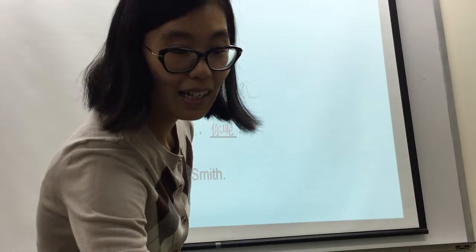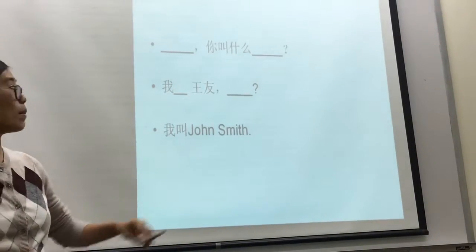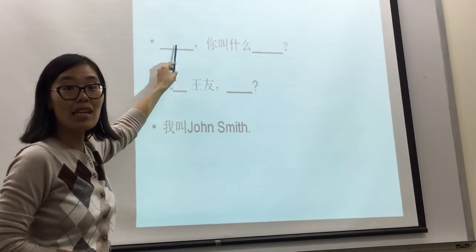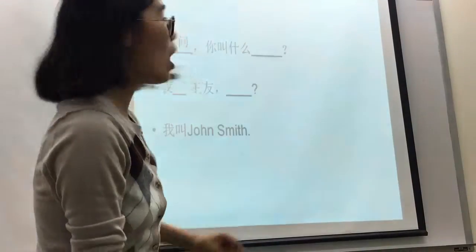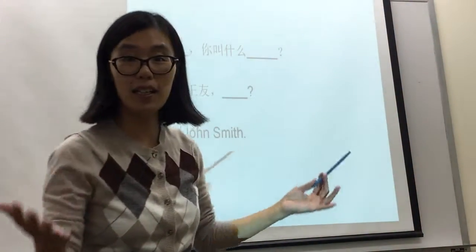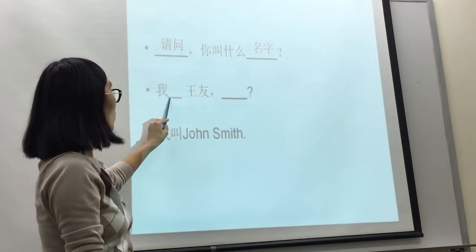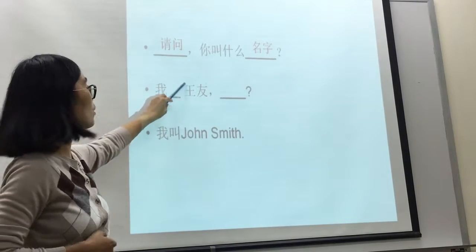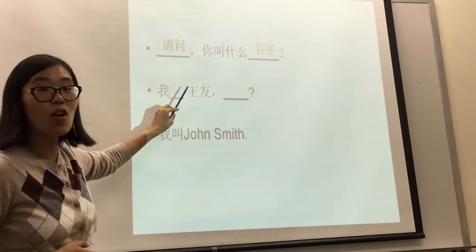第一个. Go to the second one. 第二个. Ask about someone's full name. 全名. Also, this one, I think probably you will know how to say this one. Excuse me. 请问你叫什么名字? 很好，名字. And here, 我 this is a full name here, not family name. So what verb do we use here? 叫 or 是 or 姓.